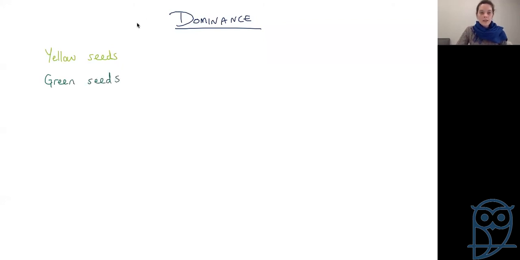Now, if we put some genetics on this, we would have a capital Y for yellow and a little y for green. So that tells us straight away that this allele for yellow seeds is our dominant allele, and this allele for green seeds is our recessive allele.